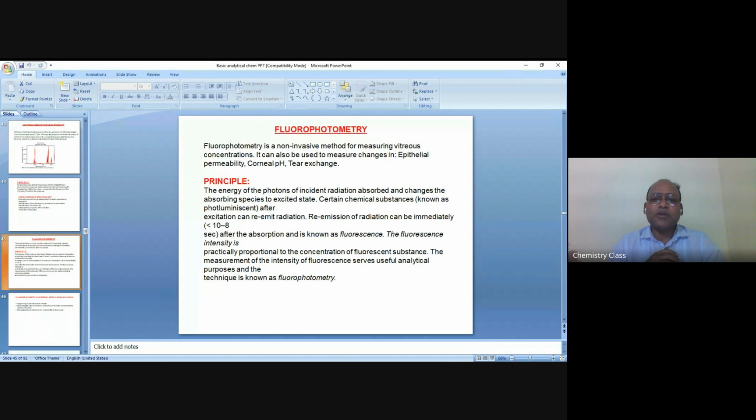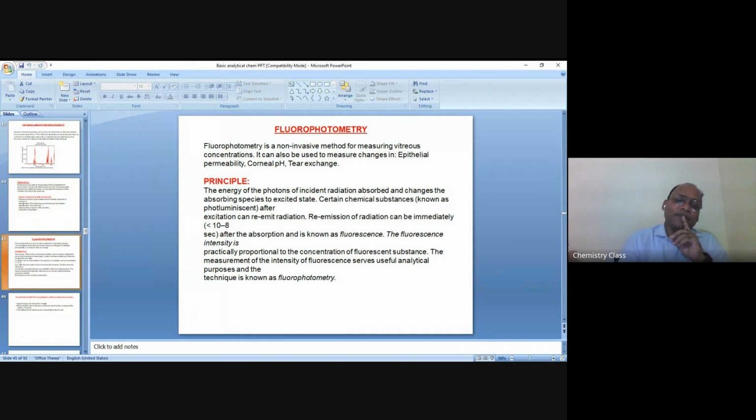What is the principle associated with this one? The energy of photons of incident radiation is absorbed and changes the absorbing species to the excited state. Certain chemical substances, after excitation, can re-emit radiation. The re-emission of radiation can be immediate after the absorption, and is known as fluorescence.